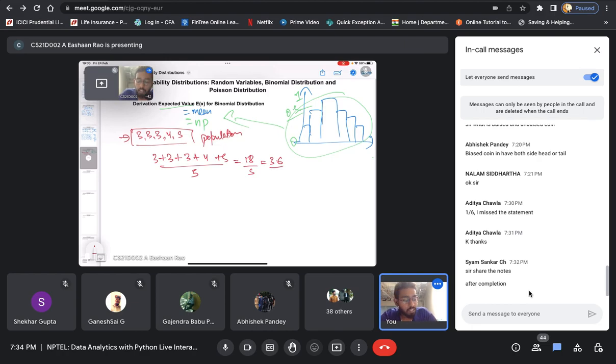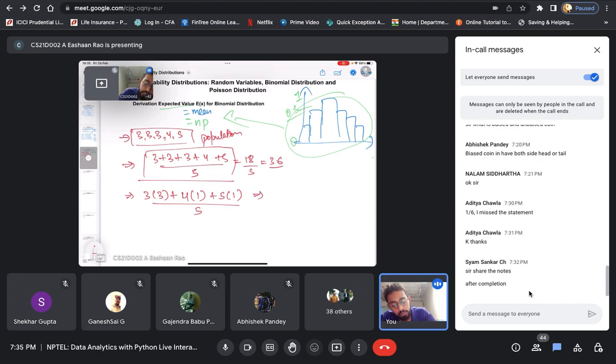Okay, now let's tweak a little bit. I will try to tweak this equation in a different format. So what I will do is I will write the same thing in a different way. That is 3, I have 3 times plus 4 one time and 5 one time and dividing by 5. Okay, this is one way of looking.